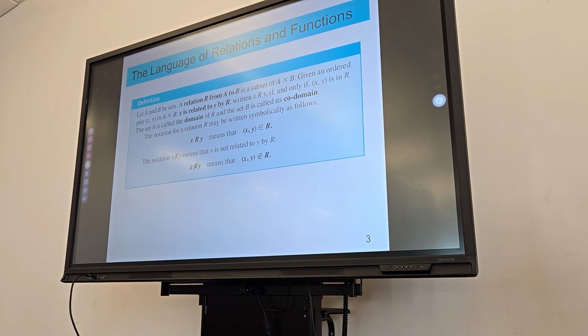Set B is called the codomain. So R is a set. It's a subset of the Cartesian product of the two sets, the domain and codomain. X is related to Y if the ordered pair X, Y is in set R.